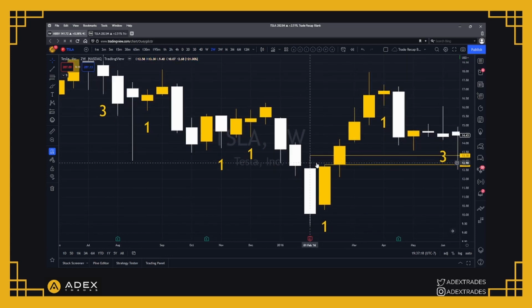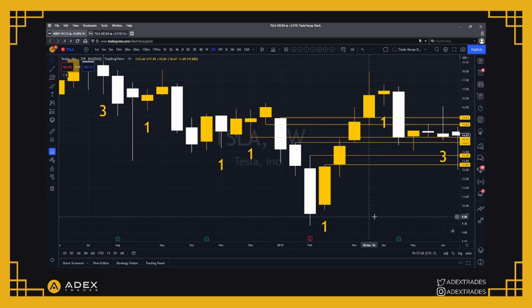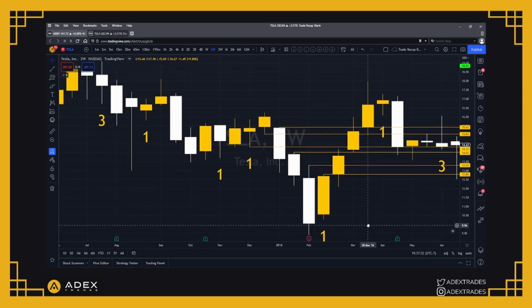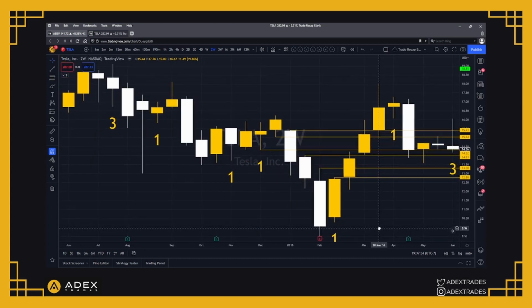You look back, and your other price targets are going to be the wicks of these candles. There's another price target right there, and there, and there, and there. Hopefully that helps in understanding where these price targets are when it comes to the strat. You can hit your price target for the 2-1-2 up, but if price wants to continue going up, you're marking these other potential price targets as well.